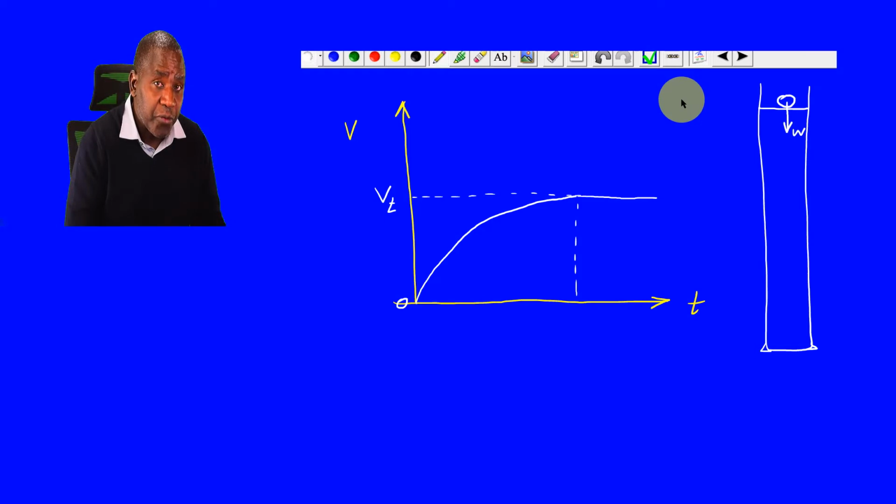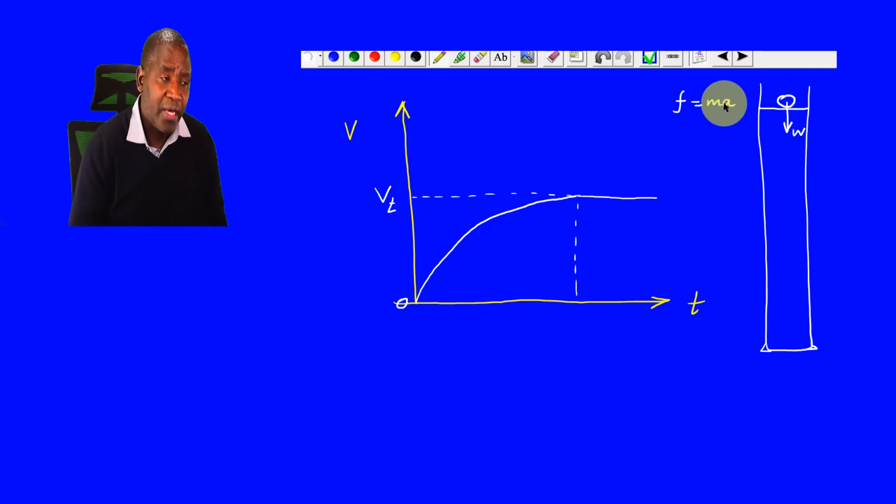Because it's the only force, let's find out the acceleration of that object downwards using F is equal to ma. Remember, when there is a resultant force acting on an object, we can determine the acceleration produced by that resultant force. Let's see. The resultant force on it, this small f here, represents a resultant force. Therefore, it's going to be equal to mg. Remember, the weight of an object is mass times the gravitational field strength.